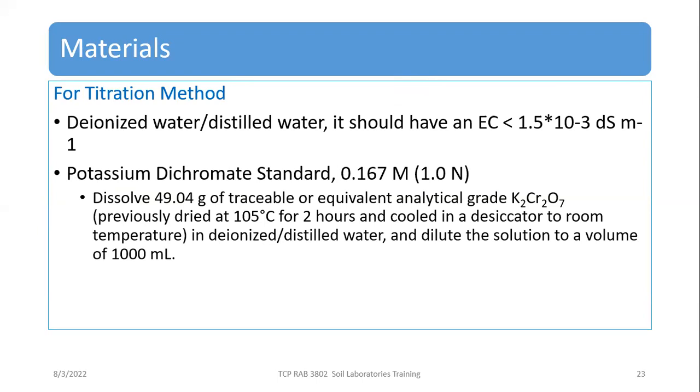Potassium dichromate standard, 0.167 molarity, 1N. This can be prepared by dissolving 49.04 gram of traceable or equivalent analytical grade potassium dichromate, previously dried at 105 degrees Celsius for 2 hours and cooled in a desiccator to room temperature, in deionized or distilled water and diluting the solution to a volume of 1 liter.